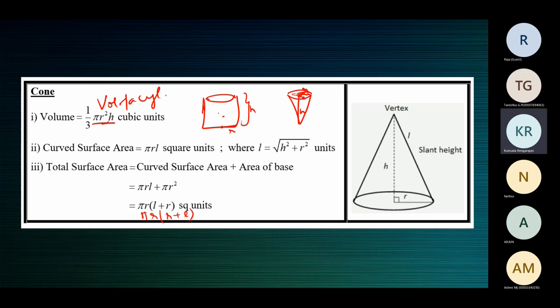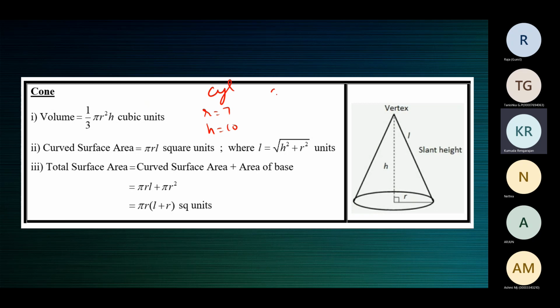Let's take an example like this. Supposing you have a cylinder of radius 7 and height 10 units, and you have a cone of radius 7 and height 10 units. Cylinder radius 7, height 10, cone also radius 7, height 10.